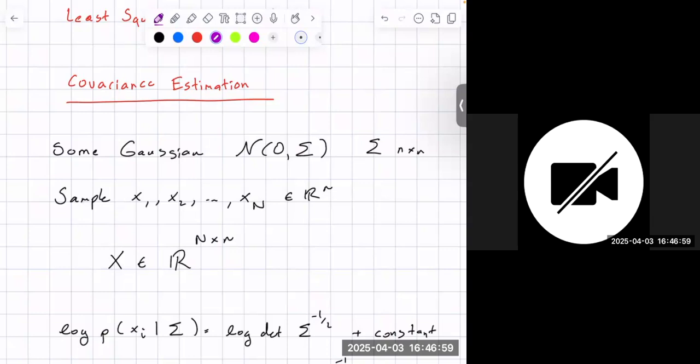Let's say I know my data is Gaussian. Suppose that's what I believe. Then I sample a whole bunch of data, and I would like to understand what that covariance matrix is. That's my goal. I'm trying to fit a probabilistic model. I've got my measurements from whatever application you're measuring from, and you'd like to fit the best Gaussian you could. This is called covariance estimation, a pretty standard problem.